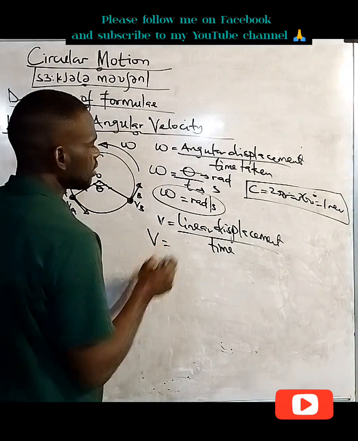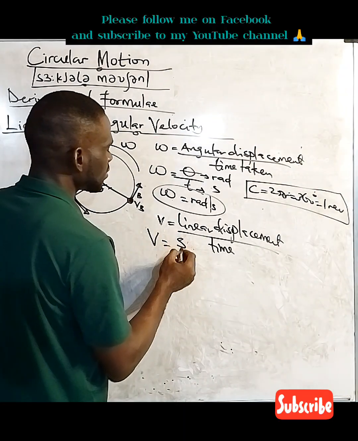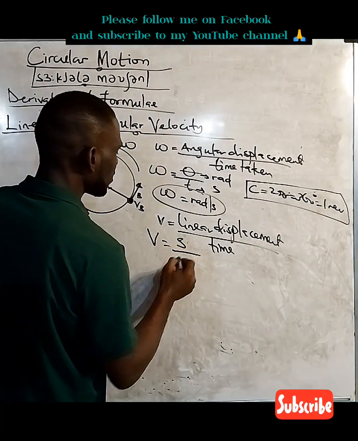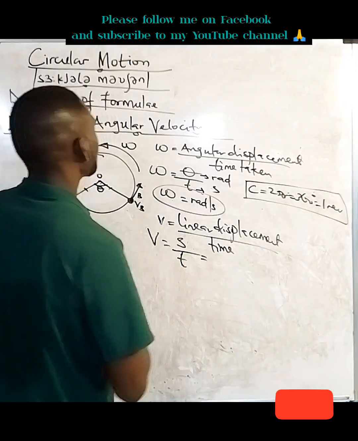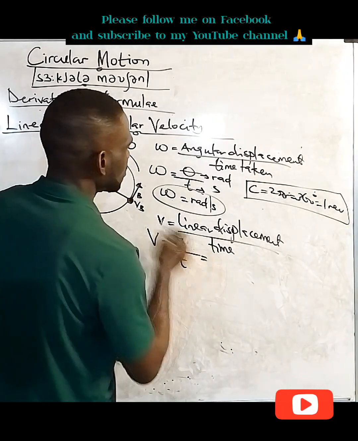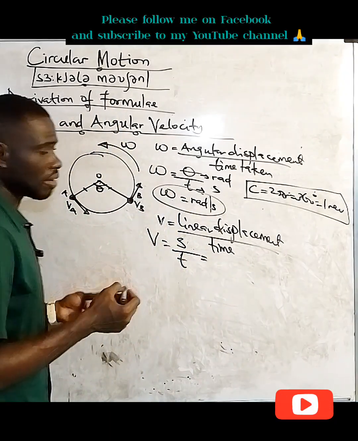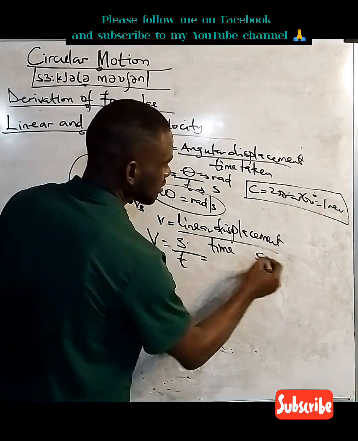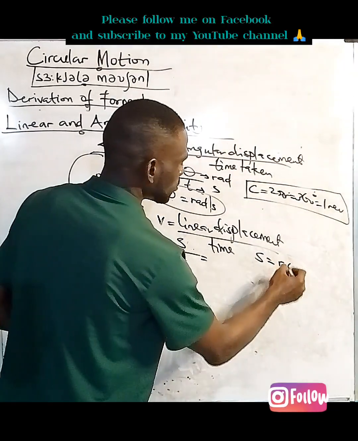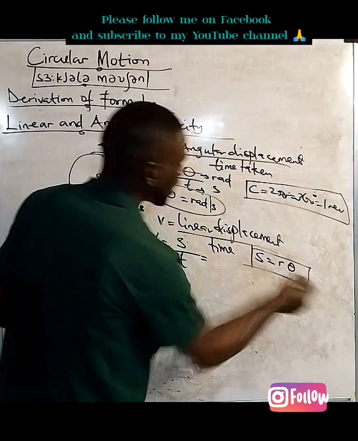So linear velocity is linear displacement, that's s, over t. What's the formula for s? Don't forget s is our linear displacement. We got our linear displacement as the radius times the angular displacement.